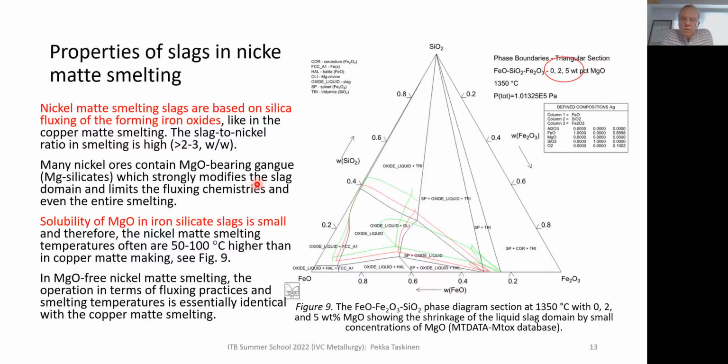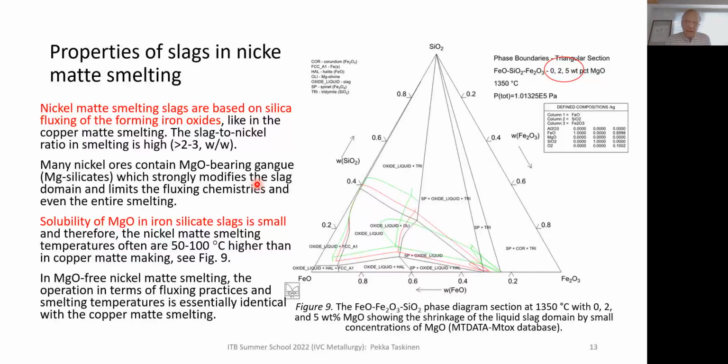I have a couple of times mentioned the major nuisance in nickel smelting, which is the gangue in many nickel sulfide ores, and this gangue is typically, but not always, some sort of magnesium silicate, talc or something like that, which is a very strong modifier of iron silicate slag.